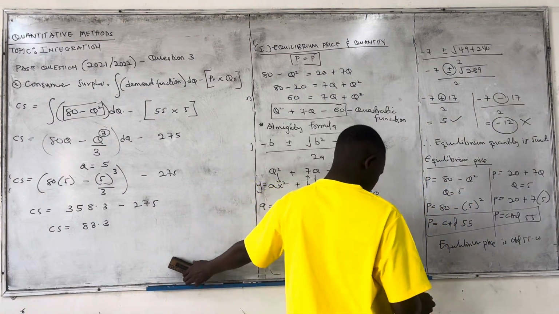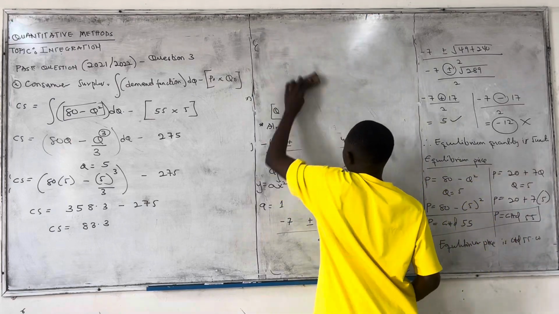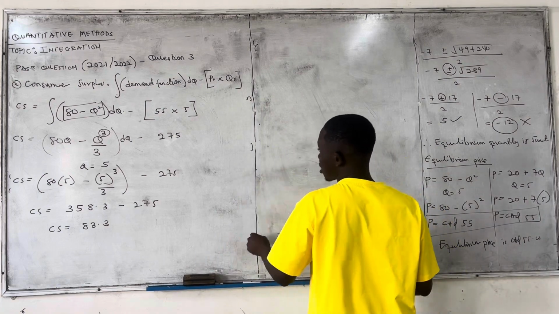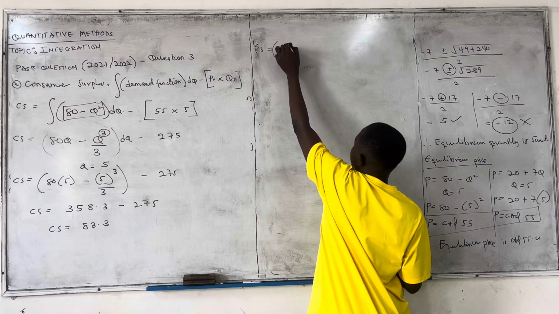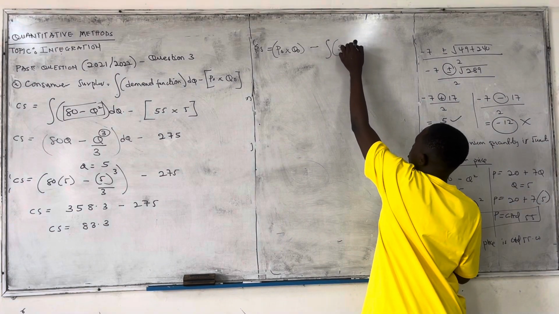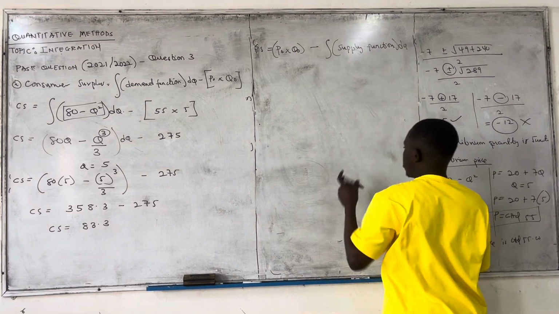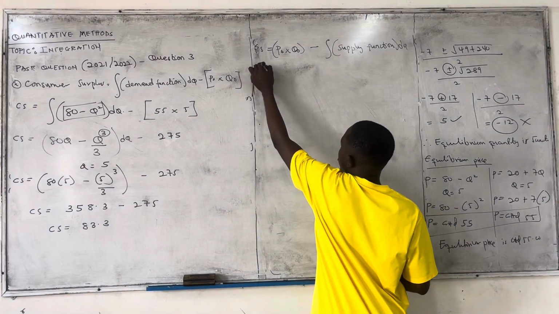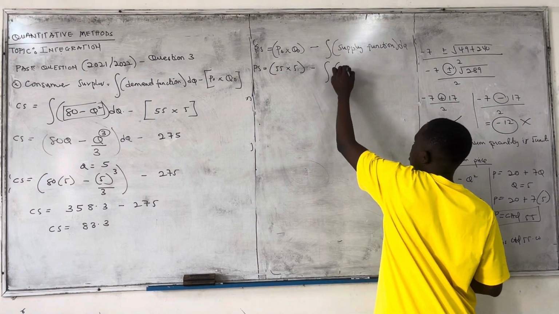So now we move to the producer surplus. The producer surplus is price times quantity minus the integral of the supply function with respect to Q. So we have price, 55, times quantity 5, minus the supply function.